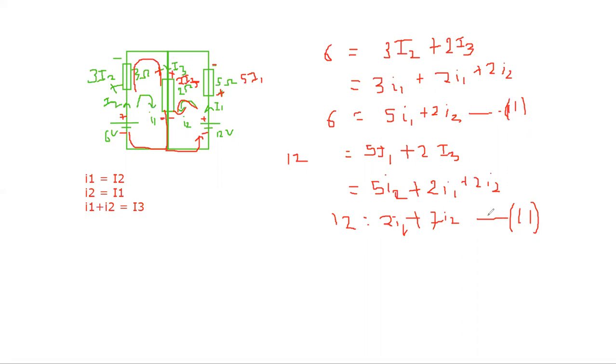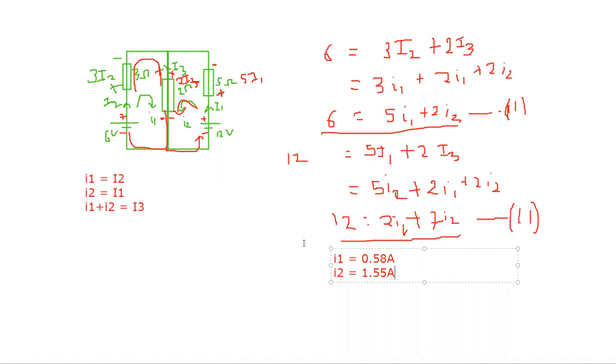Now if you solve these two equations, you will get small i1 equal to 0.58 ampere and small i2 equal to 1.55 ampere.